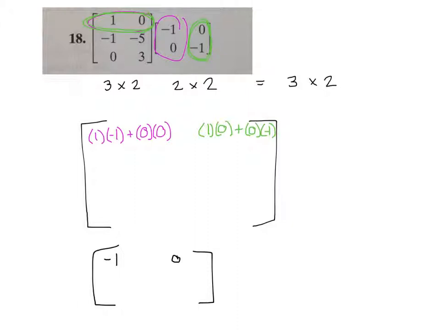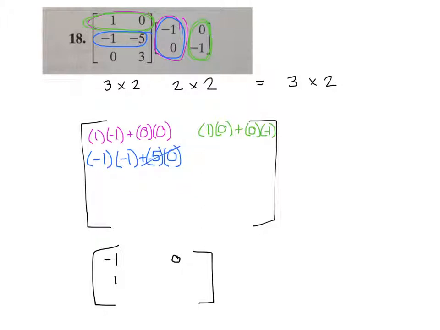Using all my colors, we're looking for row 2, column 1. So I take row 2 and column 1. Negative 1 times negative 1 plus negative 5 times 0. Well, those are 0, and negative 1 times negative 1 is 1.